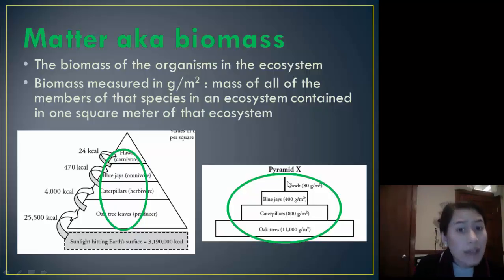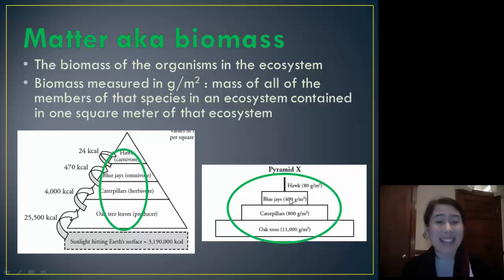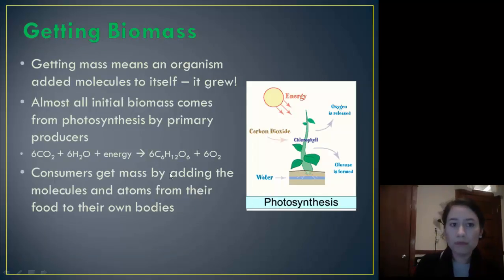Once we get into the higher levels of the ecological pyramid, they're really taking an average of the total area. They're dividing the mass of all of the hawks in the forest by the total square meterage of the forest. But essentially, it's just measuring how much mass is there in a particular area. We're measuring the mass of organisms.